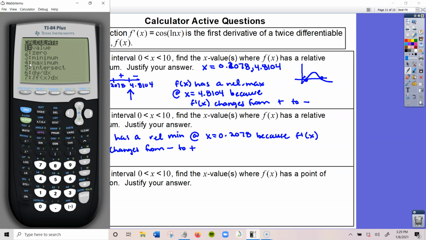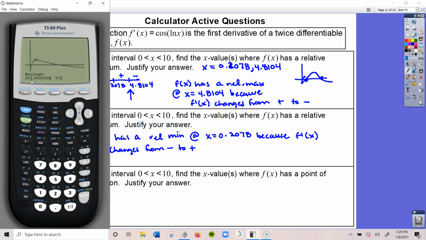And you can see that we have option 4 for maximum. So I'm going to click on 4. I'm going to go to the left of the maximum and then to the right and then press enter. And you can see here that we have a maximum at x is equal to 1.